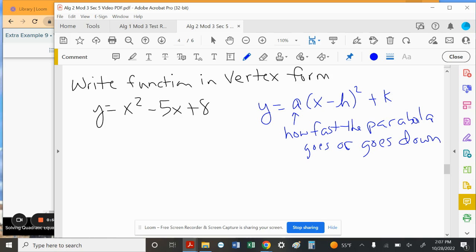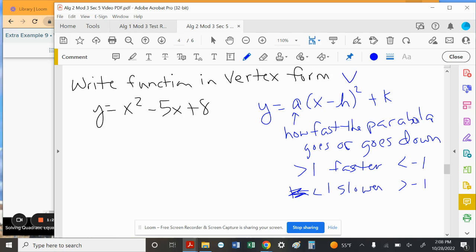If it is greater than 1 or less than -1, then it's faster. If it is less than 1 or greater than -1, basically in between those two numbers, then it's going to go slower. I'll explain that when I draw some of the different pictures, but that's one thing.